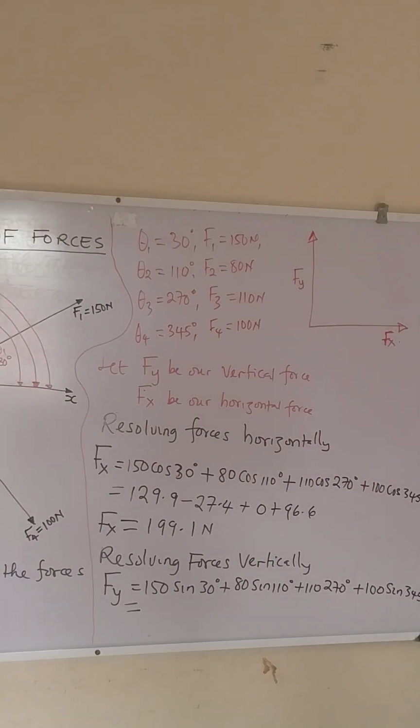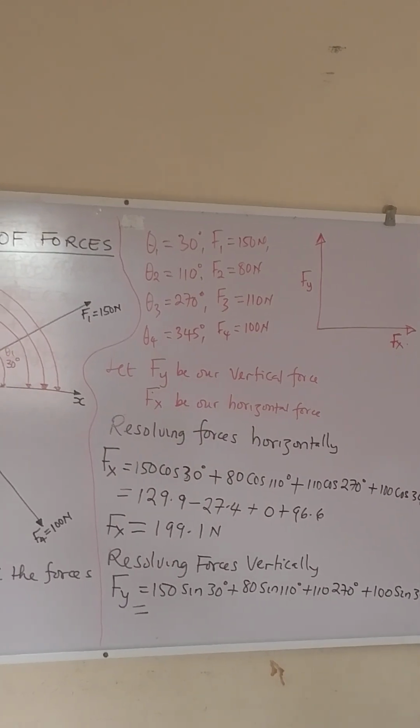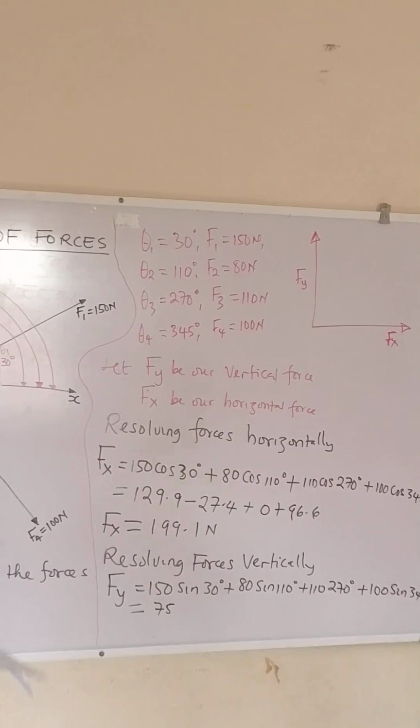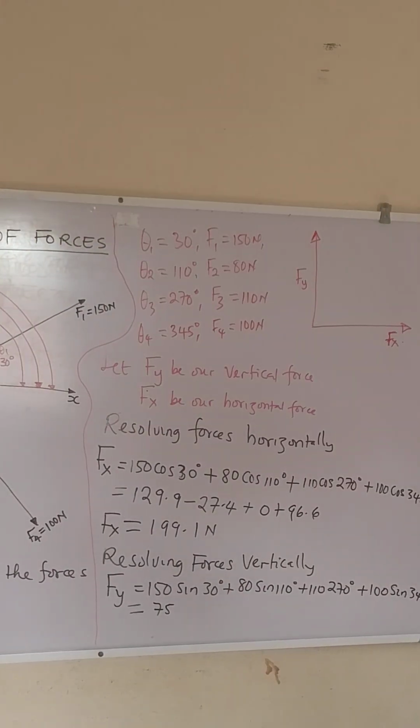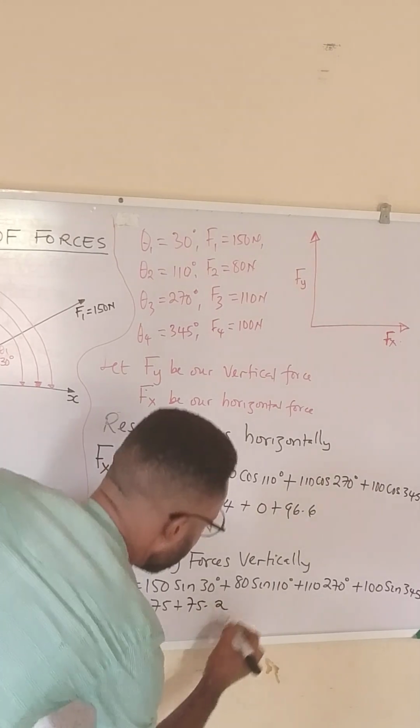So once we resolve this, let's solve it here. When we find sine 30 it's going to give us 0.5, and when we multiply it by 150, we'll have 75. And then if you punch your calculator to find sine 110, that will give you 0.939. And so when you multiply it by 80, it will give you plus 75.2.